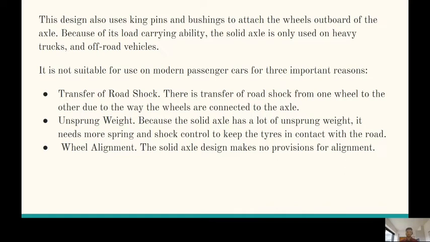First, the transfer of road shock from one wheel to the other due to the way the wheels are connected to the axle, as we have seen in the picture before. Second, unsprung weight: because the solid axle has a lot of unsprung weight, it needs more spring and shock control to keep the tires in contact with the road. And then there is wheel alignment: the solid axle design makes no provisions for alignment.